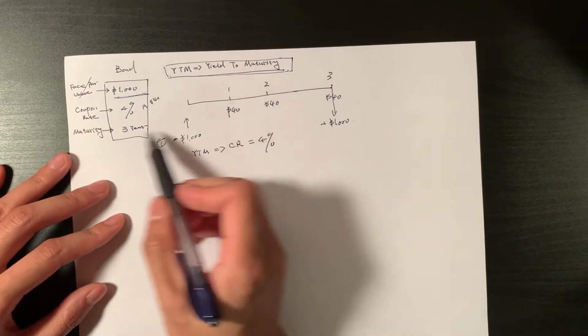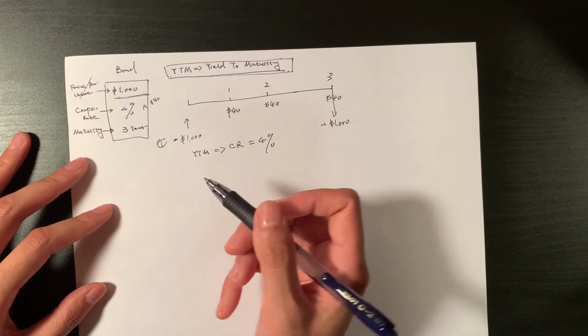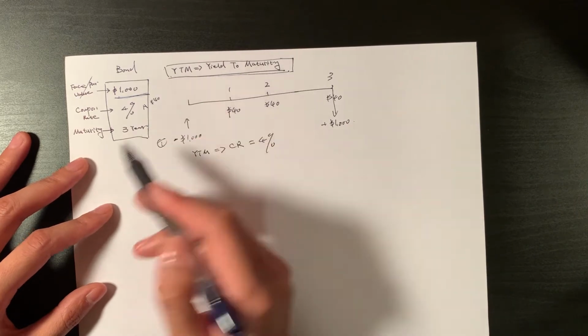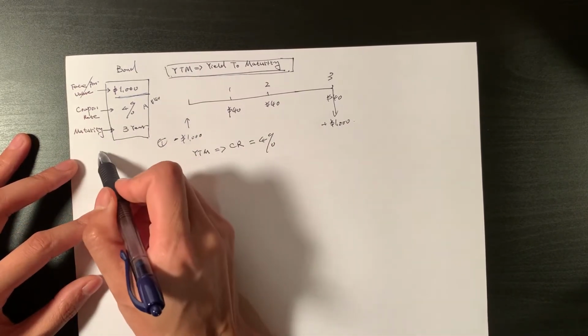But it's very rare that you can get this situation because interest rates go up and down. Let's say once they issued these bonds, the interest rate dropped.